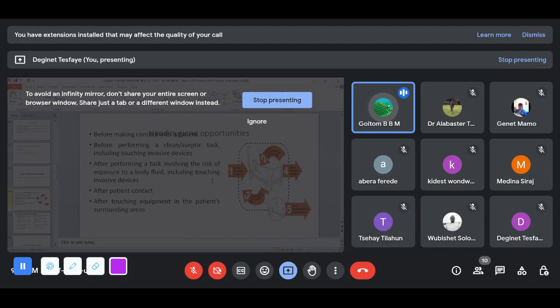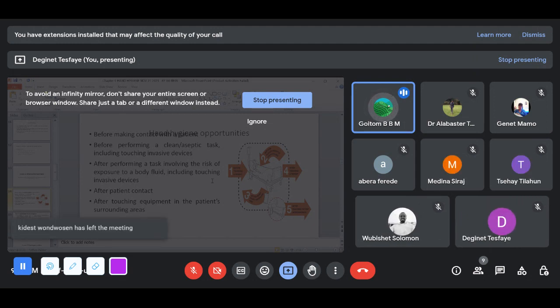When we are caring for our patients, we have to remember all the time to do at least alcohol-based hand rub in these moments. These are the 5 WHO identified moments we should stick to all the time in our care.